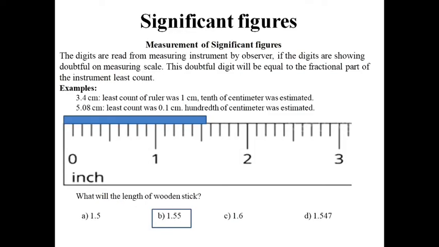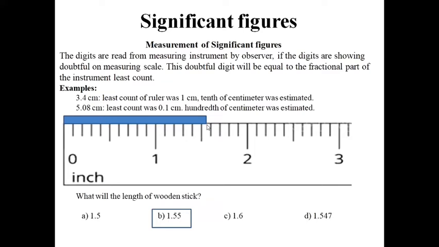What is a significant figure? The digits are read from the measuring instrument by the observer. If a digit is doubtful on the measuring scale, this doubtful digit will be equal to the fractional part of the estimated least count.